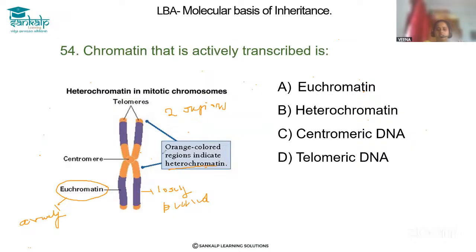But this orange colored region is very tightly packed. So that's why this orange colored heterochromatin region is not actively participating in the transcription process. So the correct answer is that the chromatin that is actively transcribed is the euchromatin region.